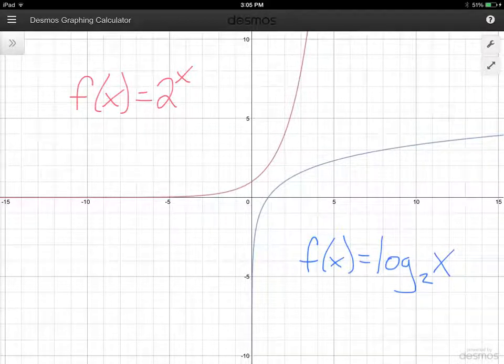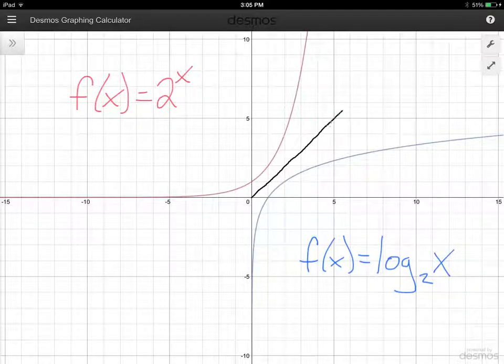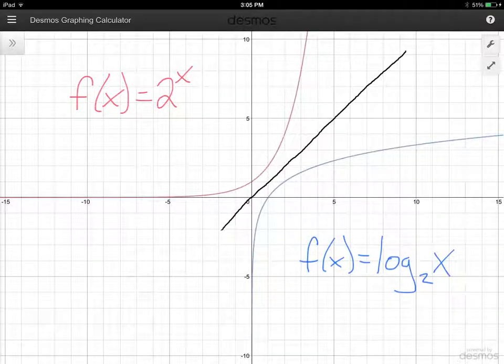But the graphs are a lot more defined when we're using a base of 2. Okay, so these two functions are inverses of each other. And just like any other inverse, that means when you graph them, they would reflect across the line y equals x, and you see that they do.